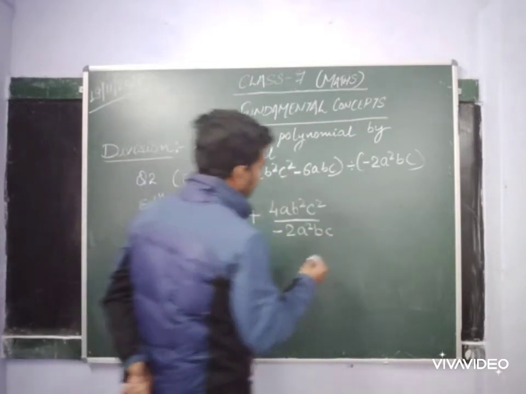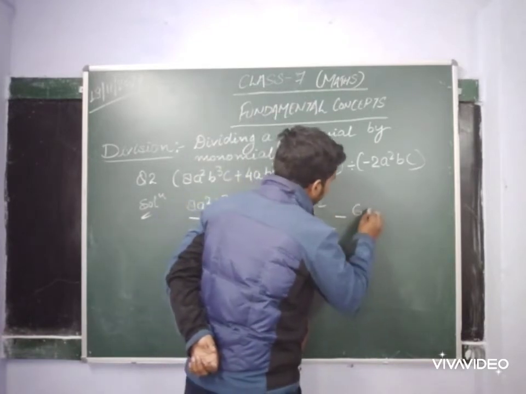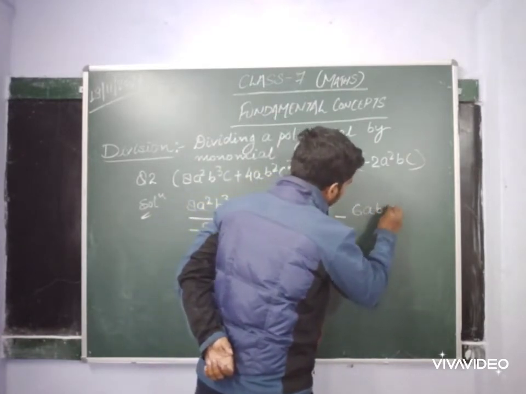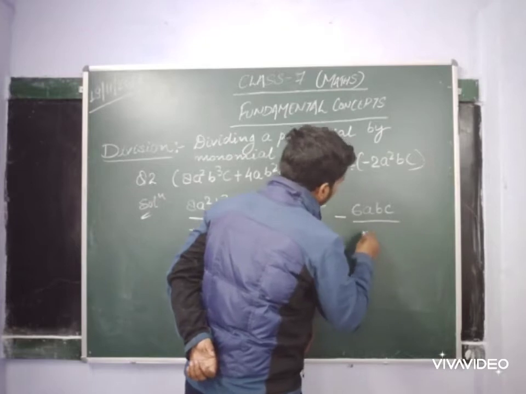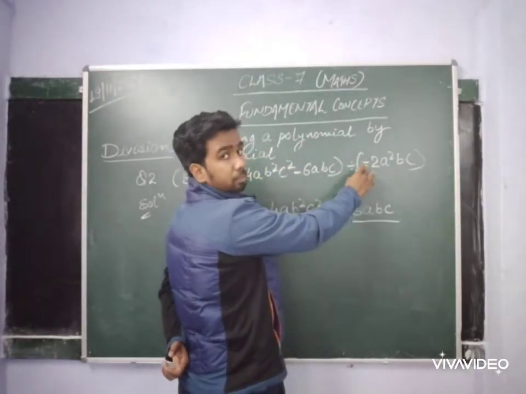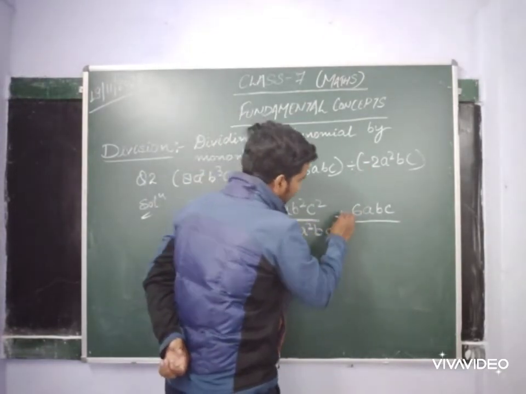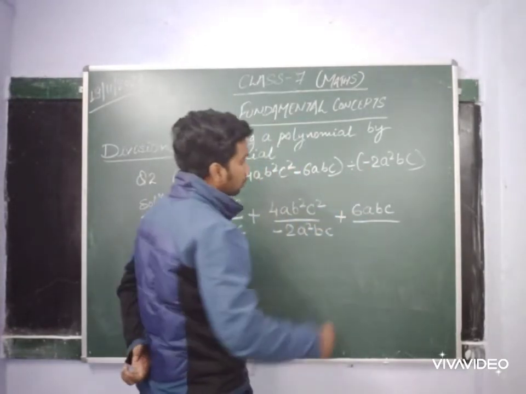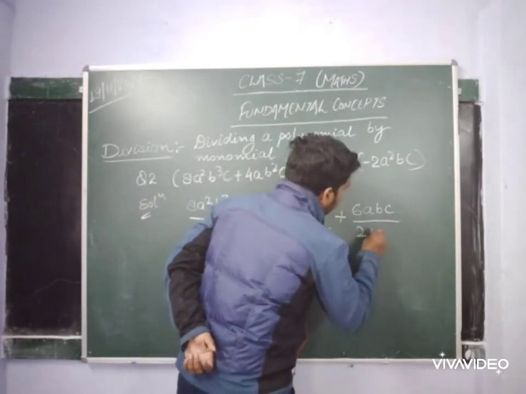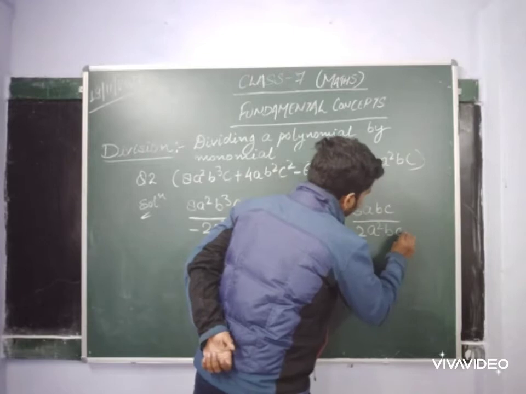Clear? Then minus 6abc upon, then you can see here that this is minus, and here also it is minus, so minus minus will be plus. Clear? So 2a square bc.